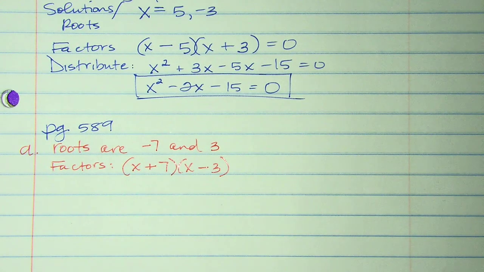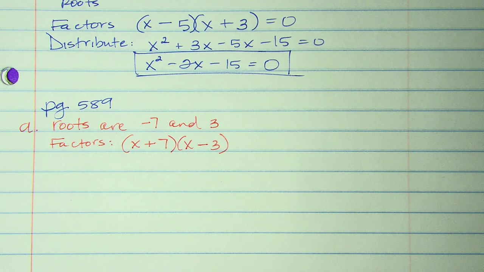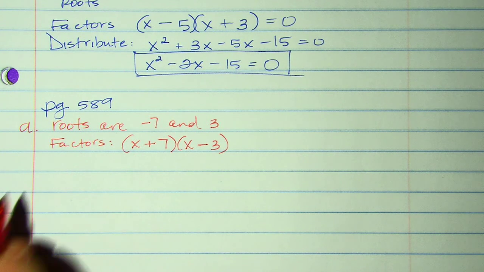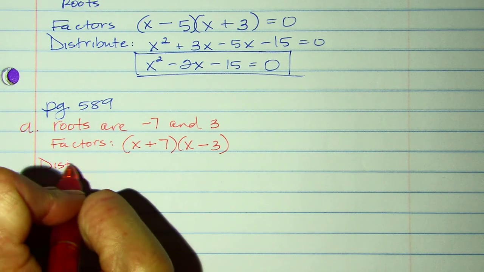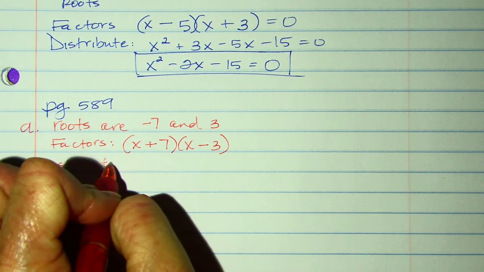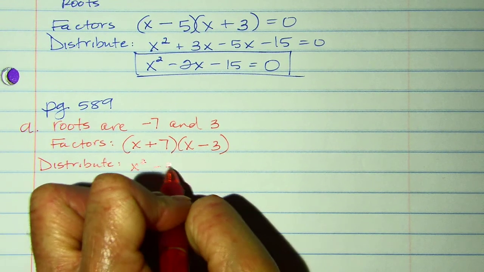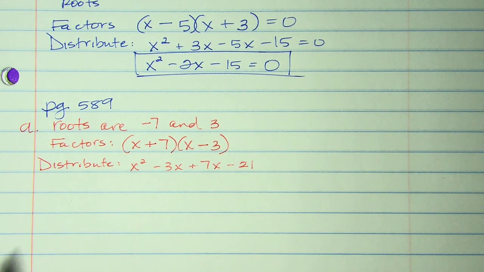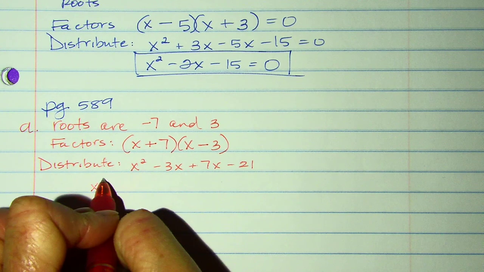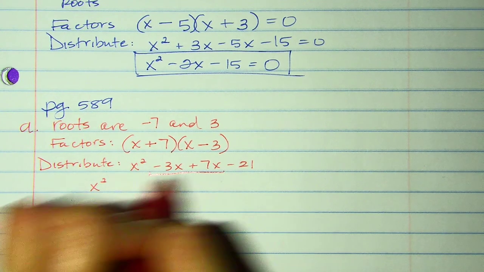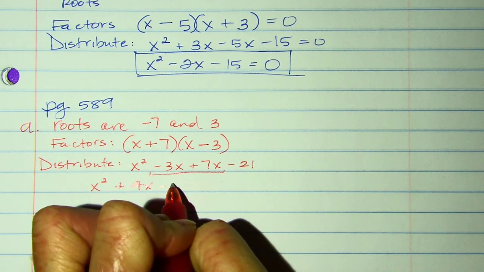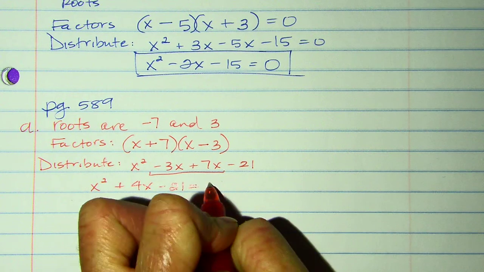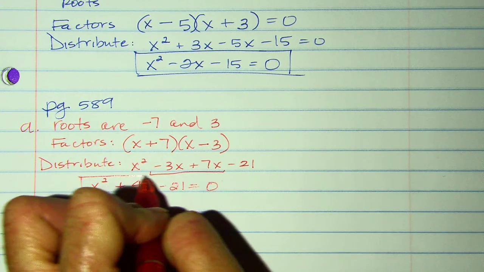You can't have an equation without that letter x, so make sure you start with x. Then we're going to distribute. x squared minus 3x plus 7x minus 21. Combining like terms, our answer is x squared plus 4x minus 21 equals 0 because it was solved.